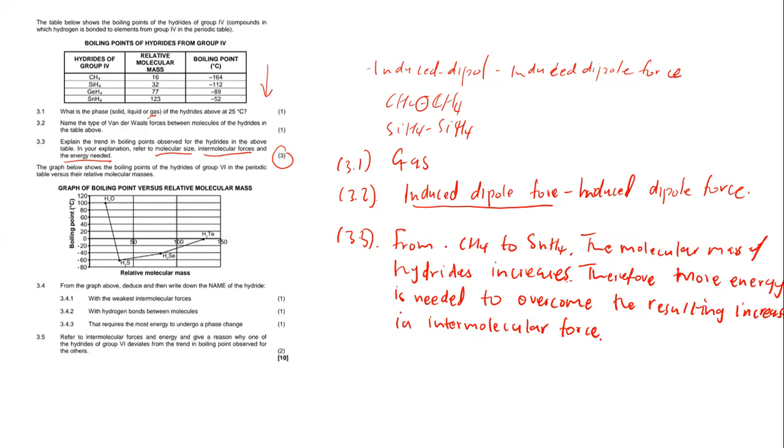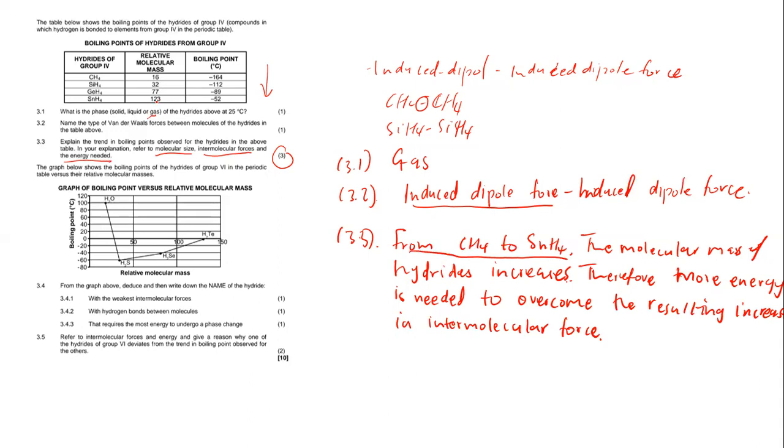So now let's try to break this down. From CH4 to SnH4, the molecular mass is increasing, right? As the molecular mass increases, the strength of intermolecular force also increases.